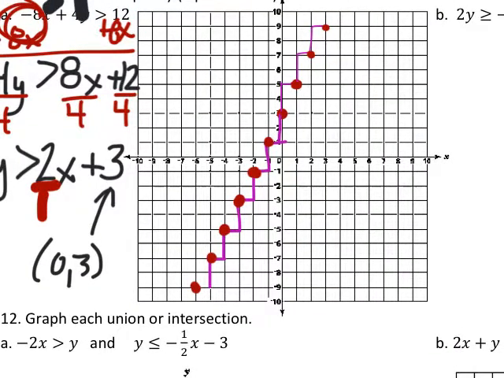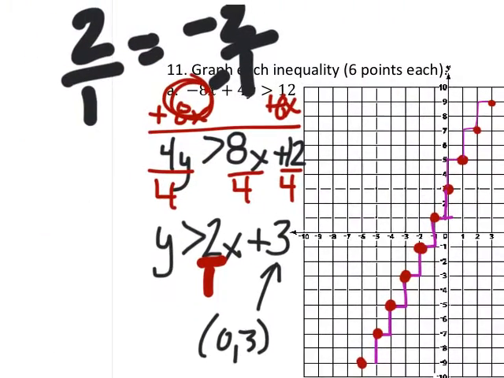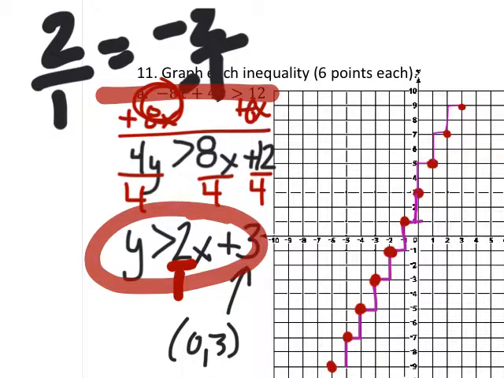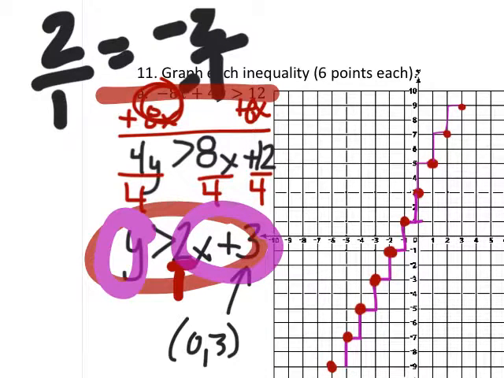But the question is, what kind of line? Well, since it's an inequality, let's look back at the original equation, which you can see right here, or we can look at this one. It's not going to make a difference. We can see that y is greater than this quantity, okay? So it's not equal to, meaning that the values on the line will not make this a true statement.